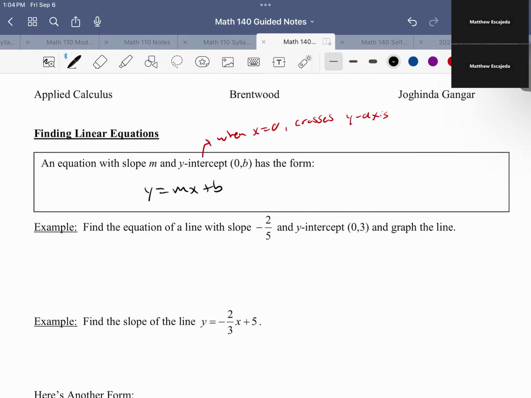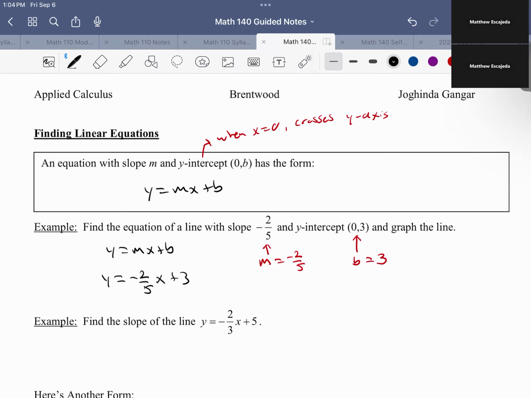We're not going to graph it, but we know the equation is y equals mx plus b, with m as my slope and my y-intercept (0, 3). So m equals -2/5 and b equals 3. My final answer would be y equals -2/5 x plus 3. And that's pretty much it.